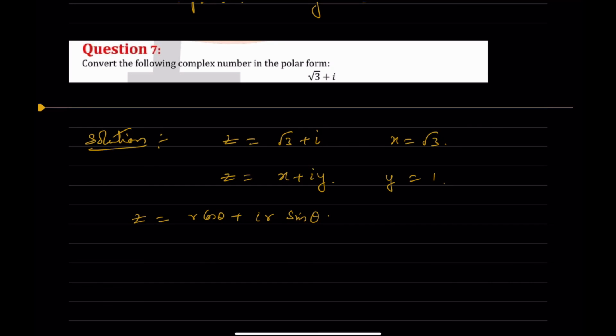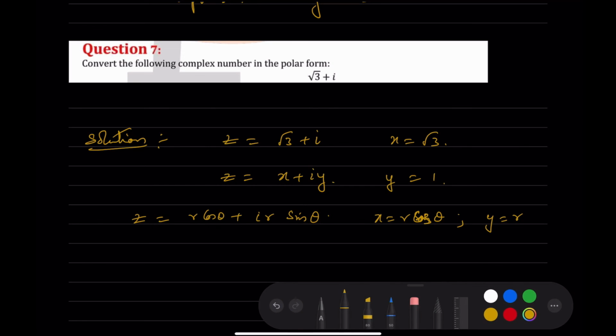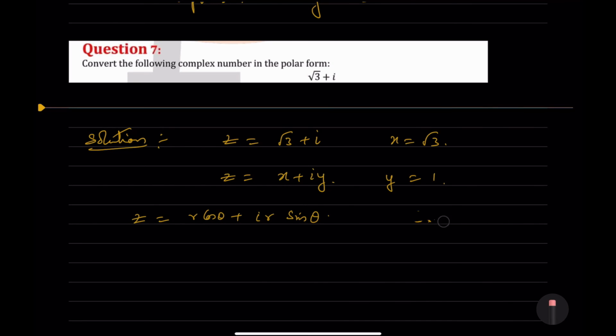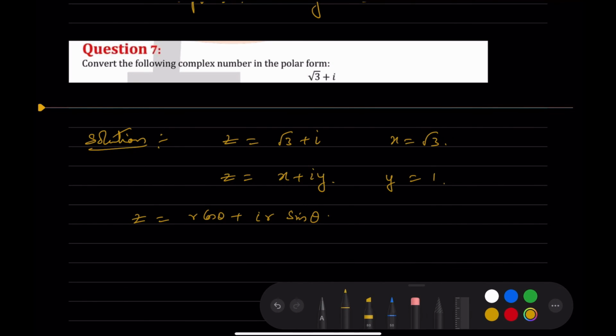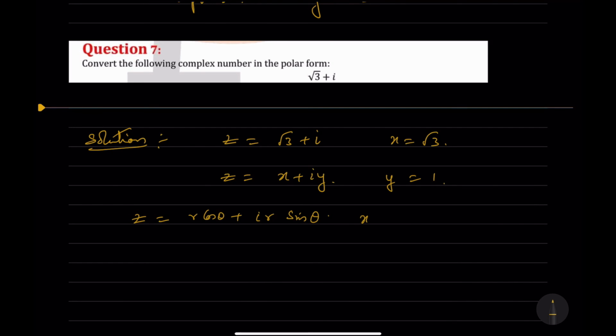So we know that x is equal to r cos theta, y is equal to r sin theta.